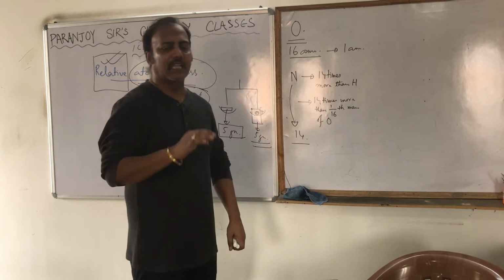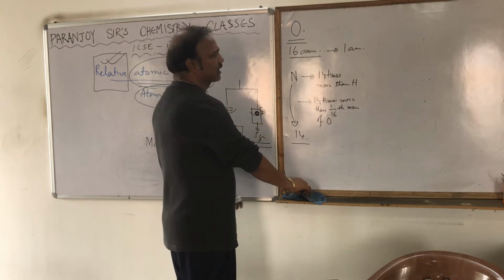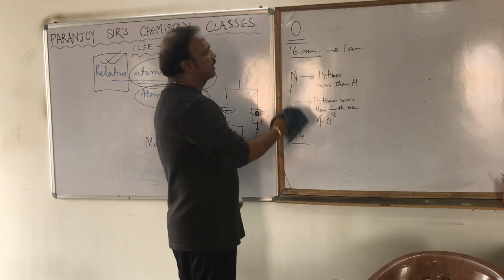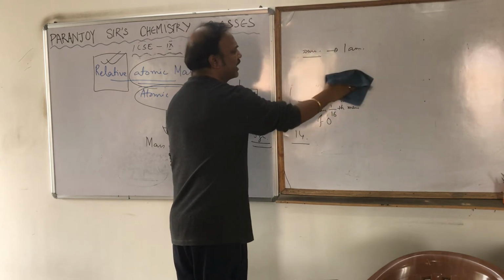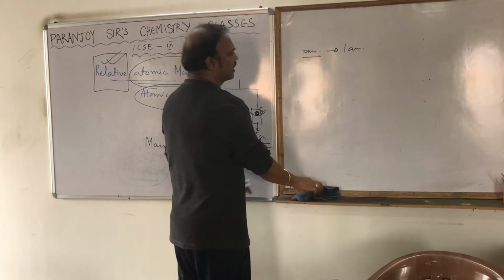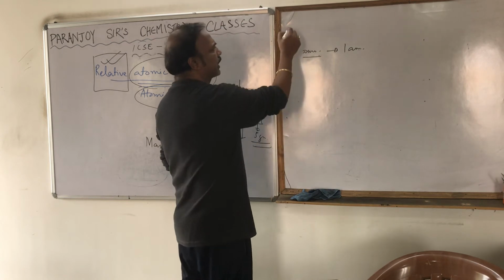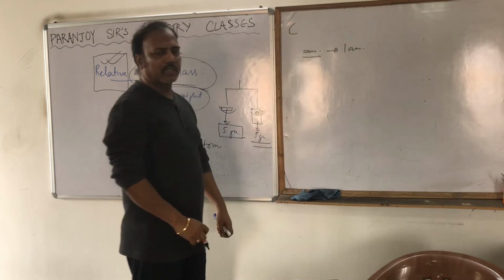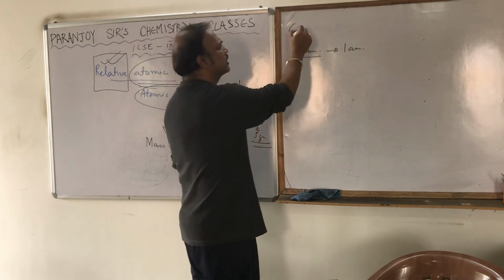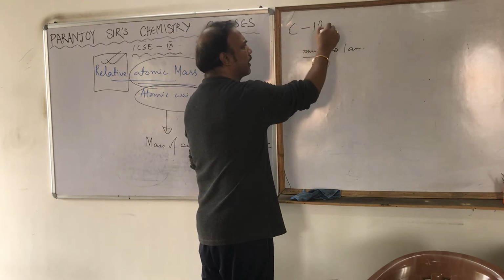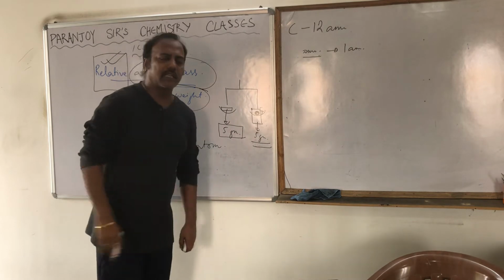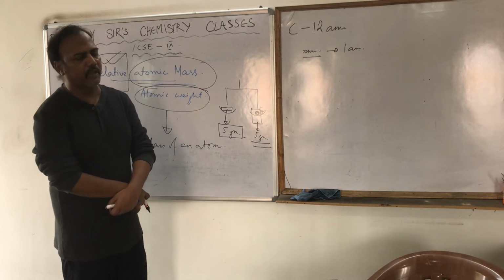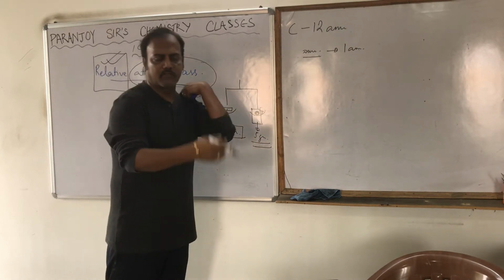And hence the latest concept has come, and we are calculating the atomic mass by taking carbon atom as the standard. Carbon atom's mass is considered as 12 AMU.